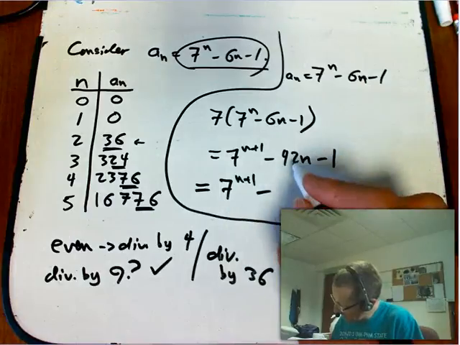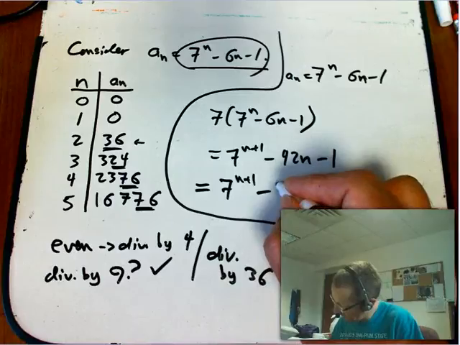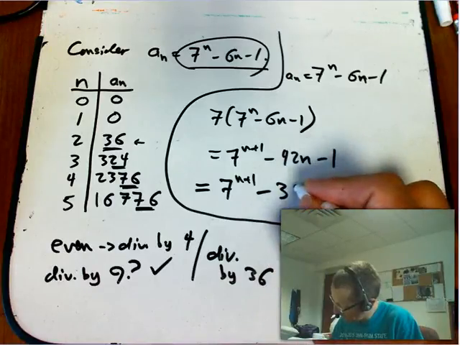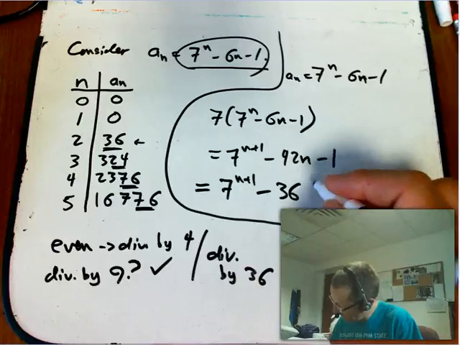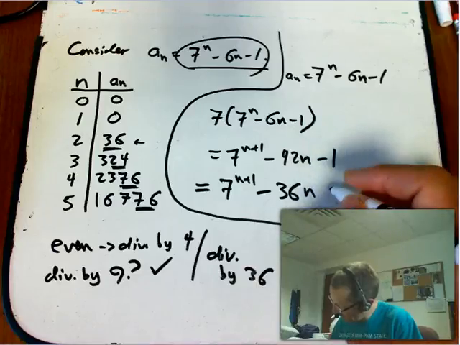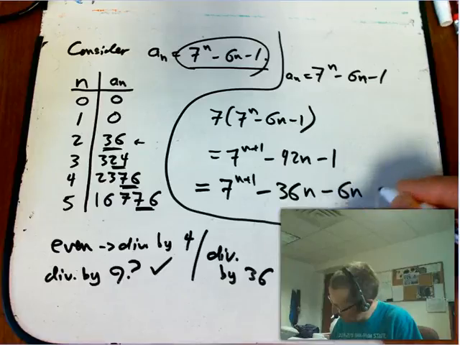Let's take out a 36 n, and then what's left over is going to be a 6n minus 7.